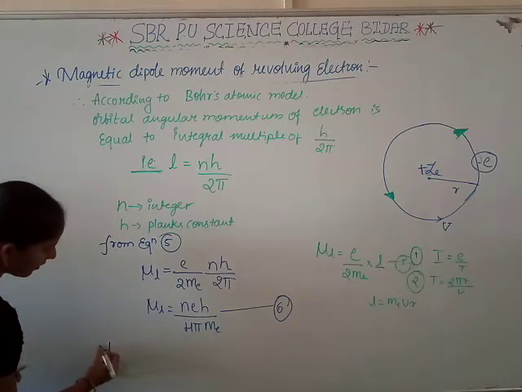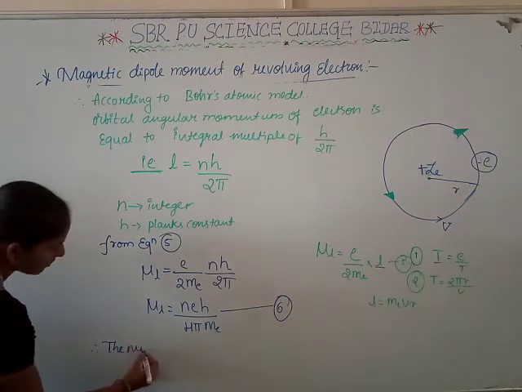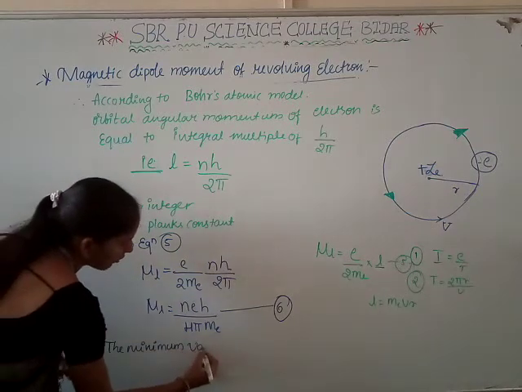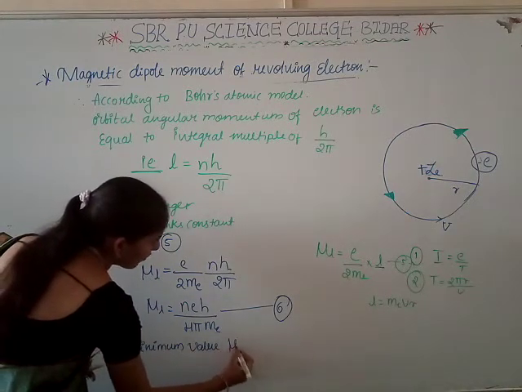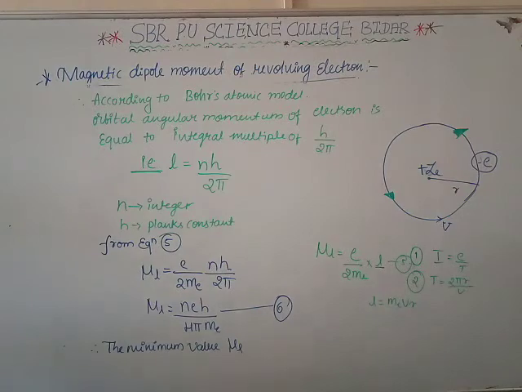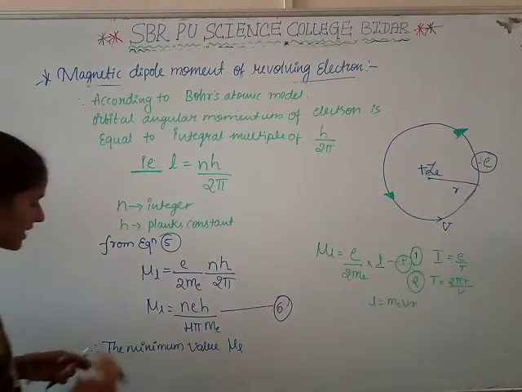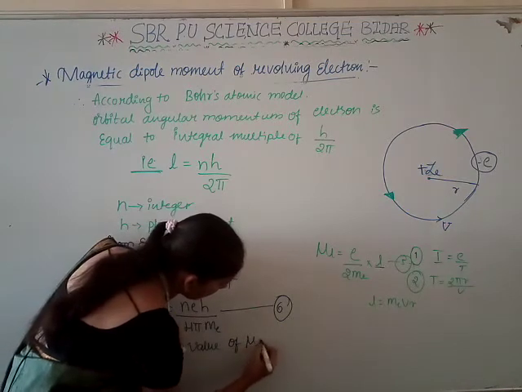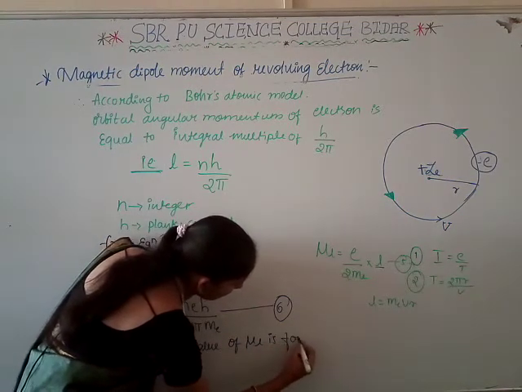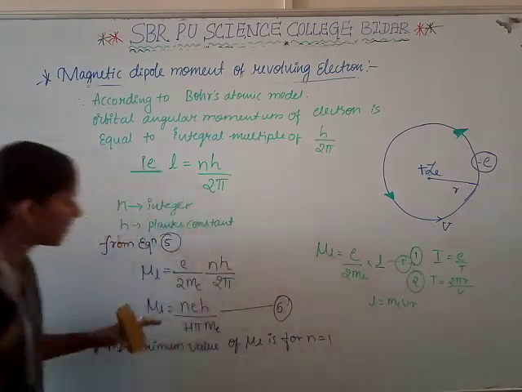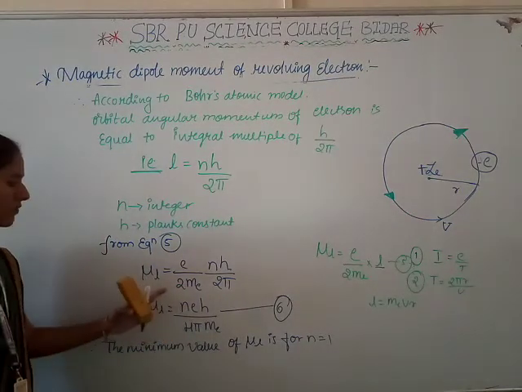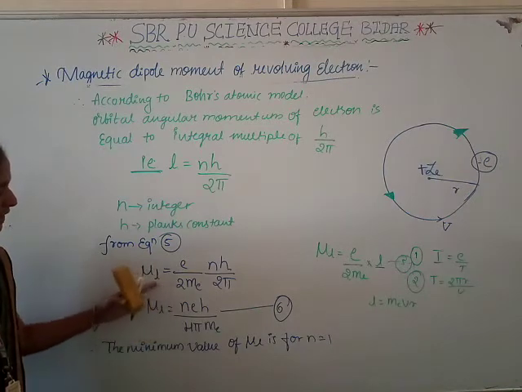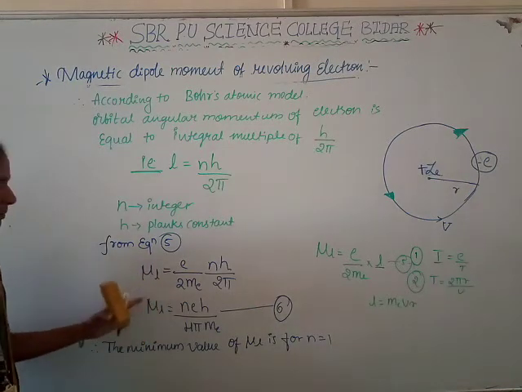Therefore, the minimum value of mu L is for n is equal to 1. When we put a value of n is equal to 1, we get the minimum value of mu L. That minimum value is called a Bohr's magneton.